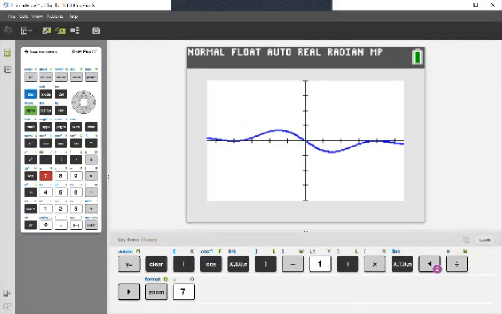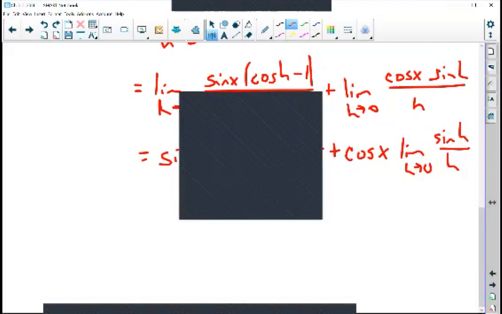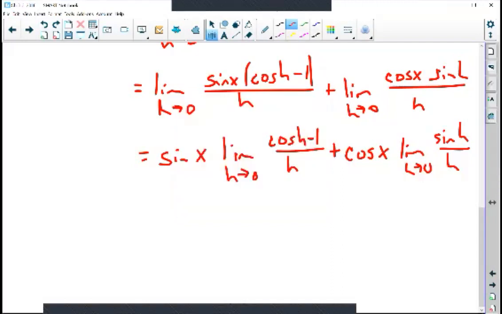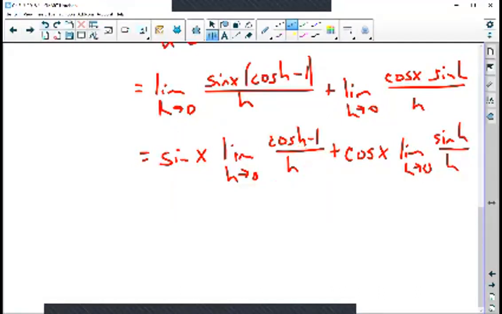So this part, there we go, that part's 0.